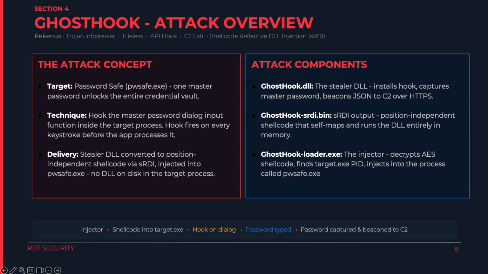And we have our injector, right? That basically decrypts our shellcode, finds the target PID, and injects it into the process. In this case, the process is pwsafe.exe. And for that one, we can use some sort of injection technique, right?